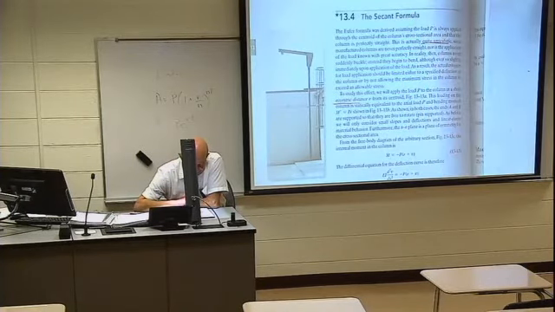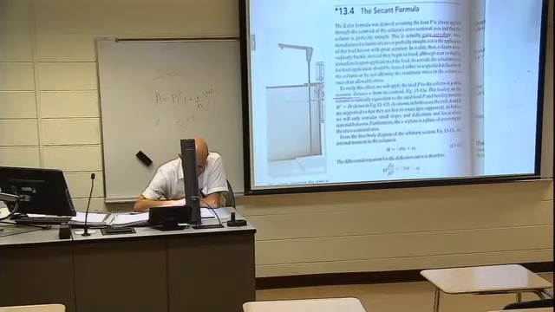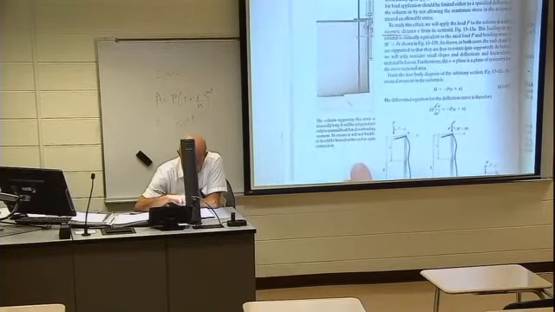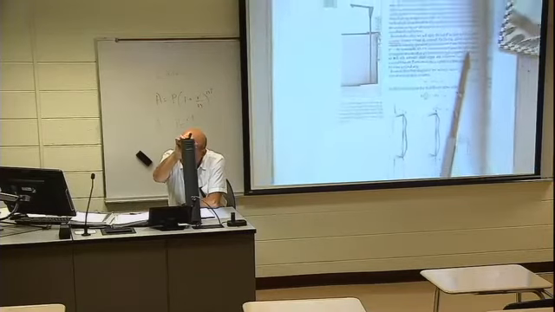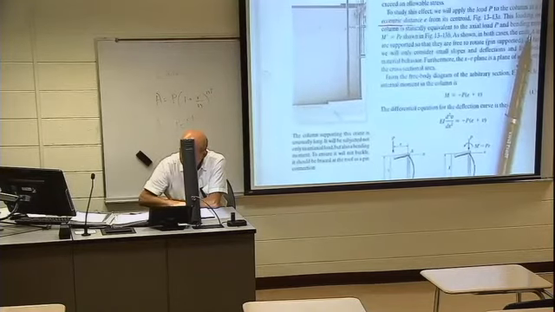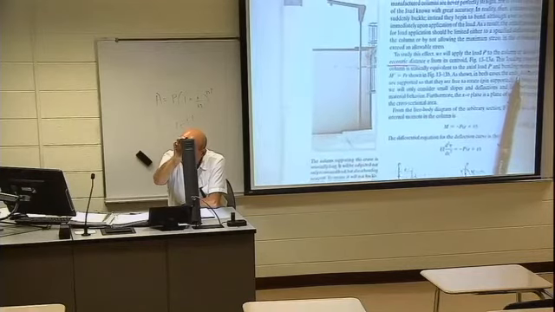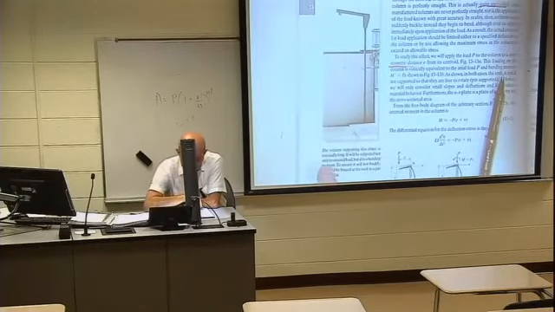So we're talking about the so-called secant formula. Okay? Look, please, here there is an example of this eccentricity. It says the column supporting the crane is unusually long.